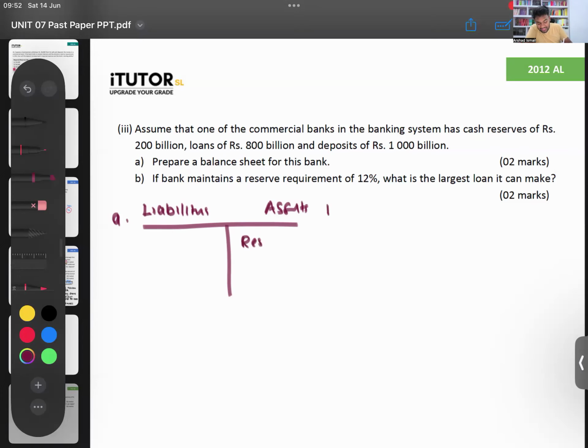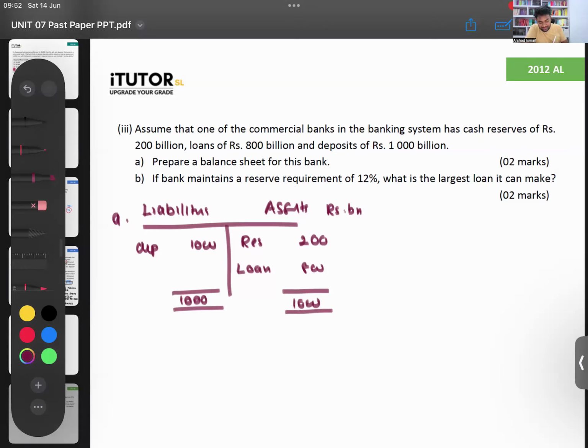You can maybe say in this one, rupees billion. So reserves 200, loans 800, deposits 1,000. Now balance the balance sheet also because the requirement itself is to make the balance sheet. So balance it, 1,000 on this side, 1,000 on this side. Give that down. That's part A.